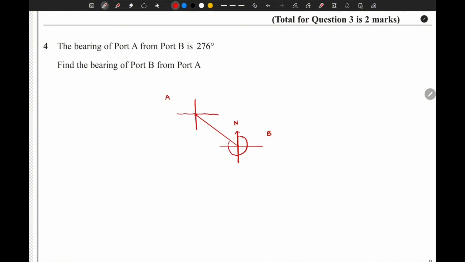Now we need to calculate the bearing of port B from port A, which means they're talking about this angle. We know that this angle is 90 degrees. We just need to calculate this angle, this theta. So we know that this is 270 and the whole thing is 276, so this will be 6 degrees.